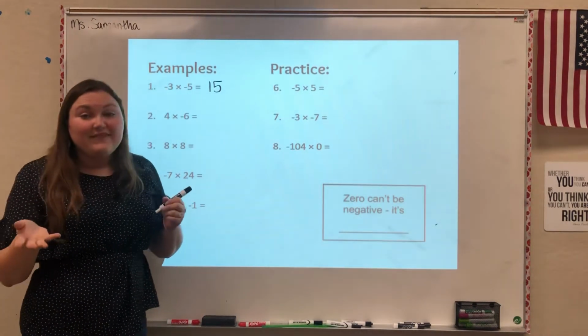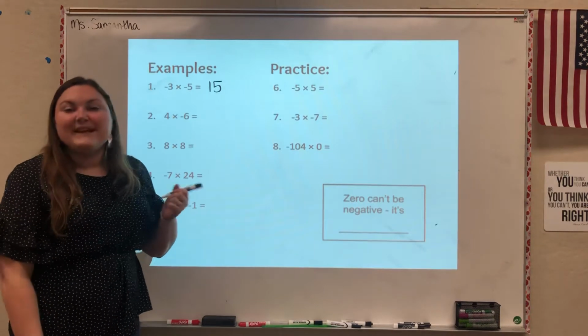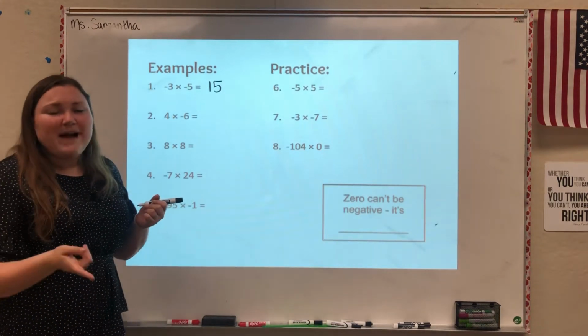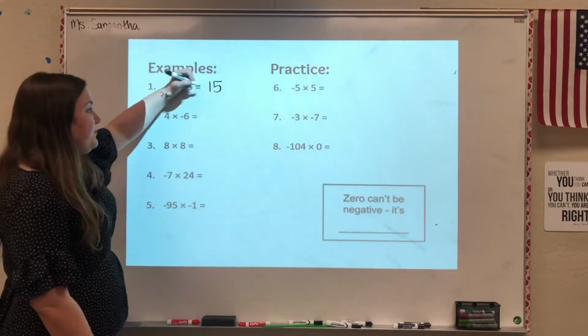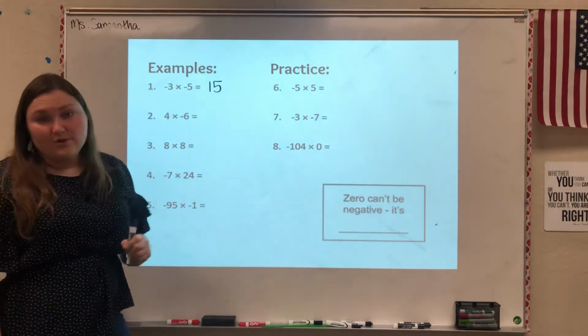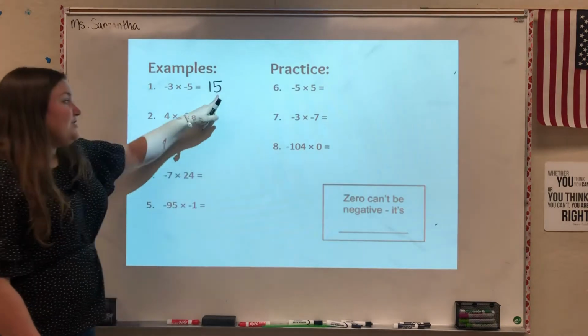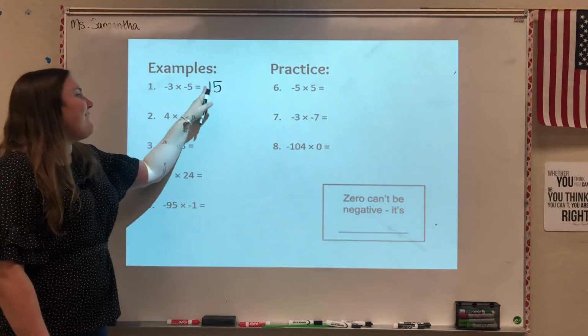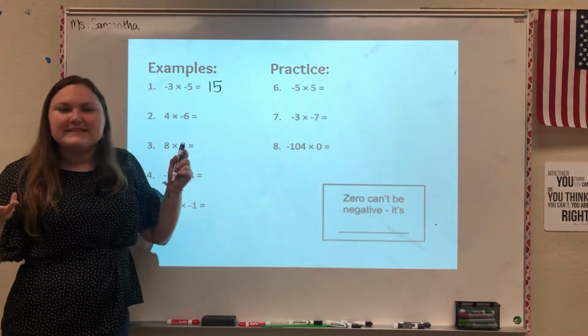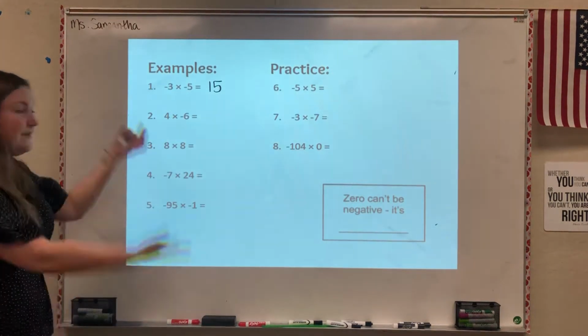They're both negative. The signs are the same. That means my answer is positive. With positive numbers, one of the things I noticed in that last unit is some people were writing a plus sign to show that it's positive. If we're just talking about 15 like this, you don't need a plus sign in front. If I don't have anything in front, that's how we know it's positive. You don't need to write a plus sign. And that would be our answer.